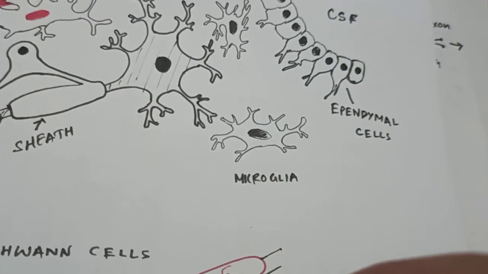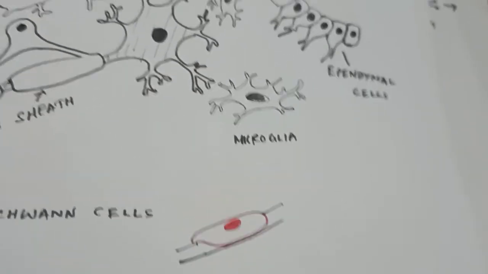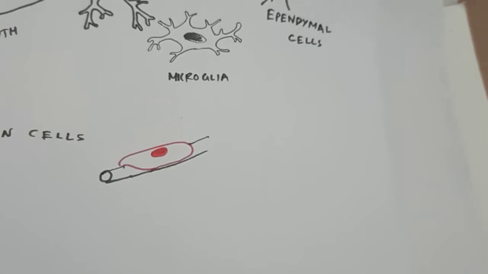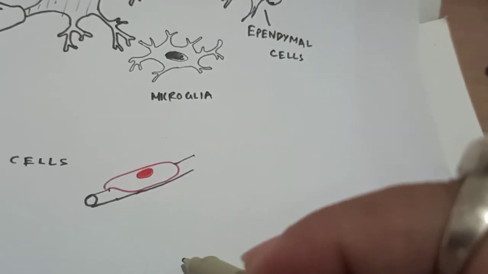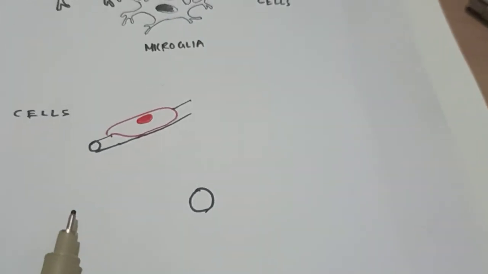Now if we want to elaborate that particular process, then we can make a small diagrammatic representation of how it actually happens. So we have the axon.